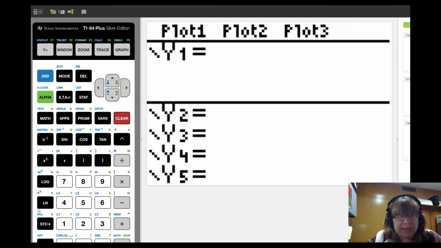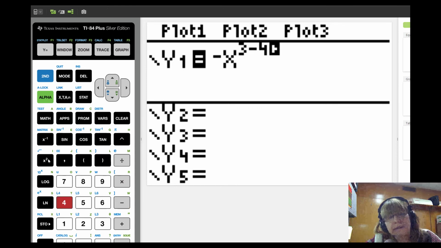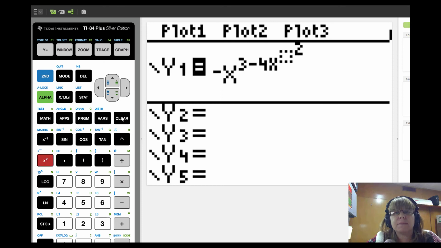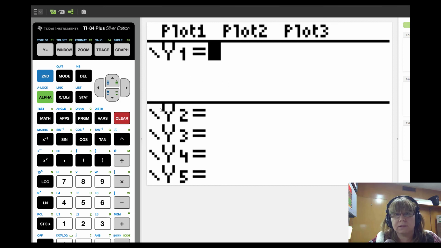So negative x cubed minus 4x squared. Oh, darn it. I forgot, I'm still in the exponent, so I need to clear this all out. Let's try that again. Negative x cubed.